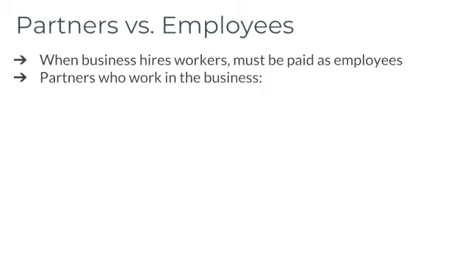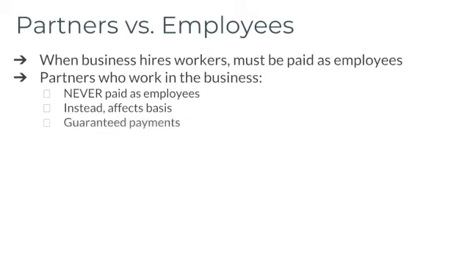That does not apply to partners who work in the business. They're never paid as employees, and instead it's all affected in this unique way specifically for partnerships. It affects their basis instead, but the net effects end up being fairly neutral, and they do pay self-employment taxes on their income.